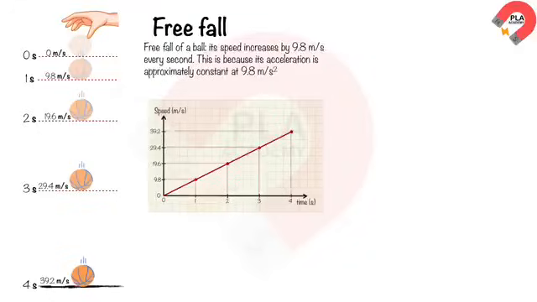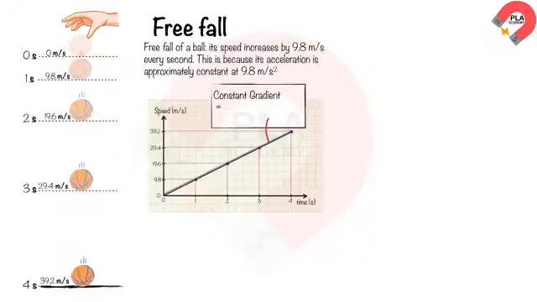Time 4 seconds, speed is 39.2. Then we draw a straight line from the origin. The speed time graph shows that the gradient is constant, which indicates that speed increases with constant acceleration of 9.8 meters per second squared. We can find the distance moved of the ball from the area under the graph.